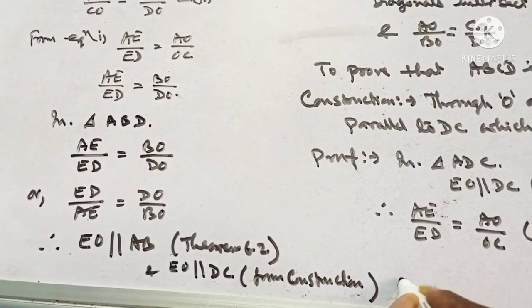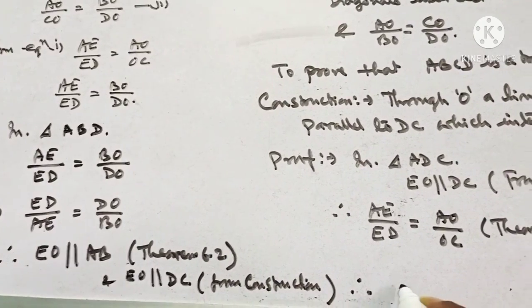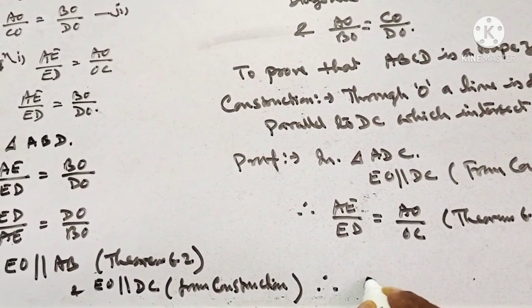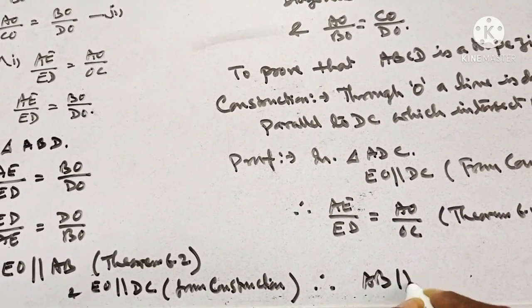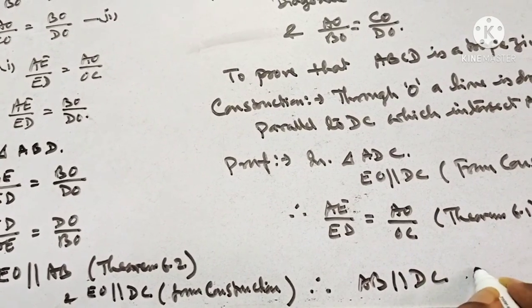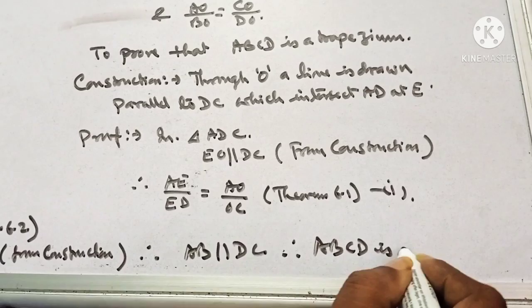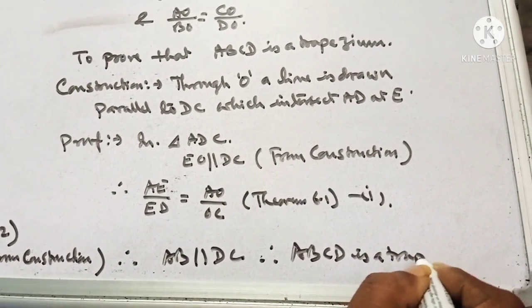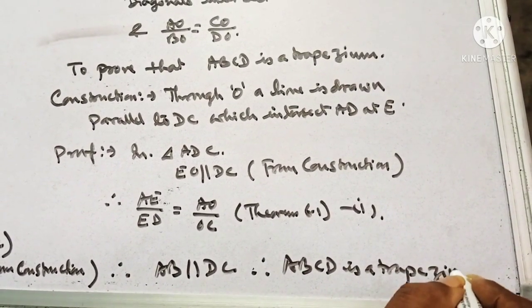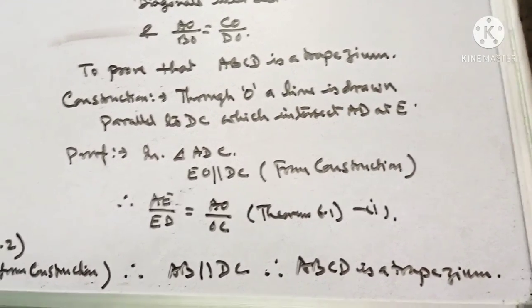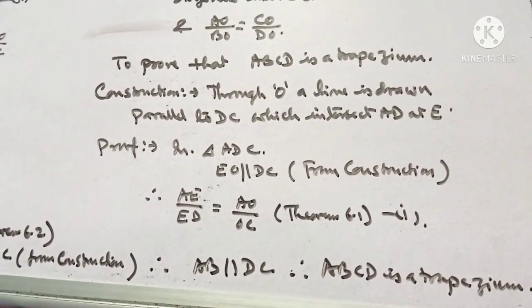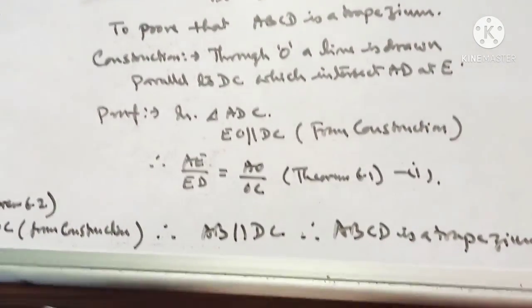Therefore I can conclude that AB is parallel to DC. Therefore ABCD is a trapezium. Proved.